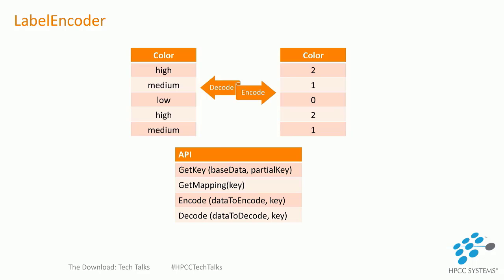Those two take as parameters the data you want to process and a key. The key basically contains the mapping between the numbers and the categories. To get the key, you definitely need some data from which you will extract those categories. The GetMapping function will allow you to actually visualize which number has been assigned to which category.